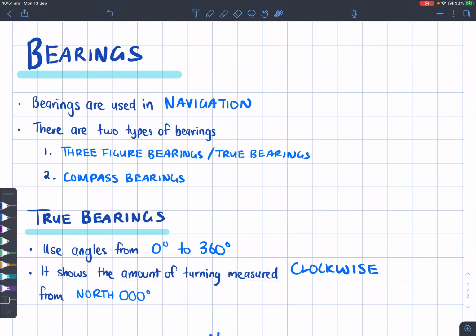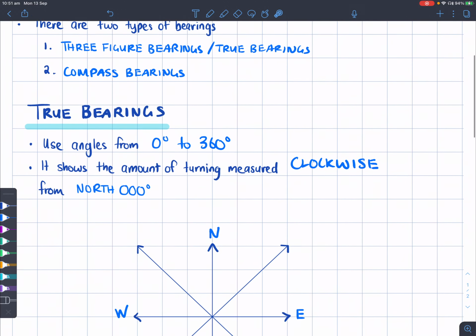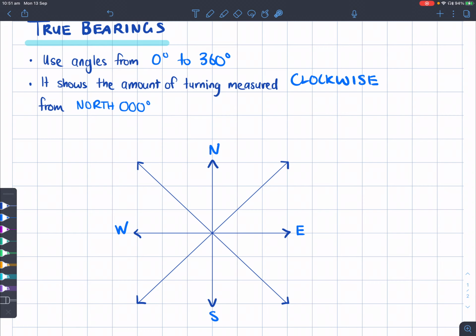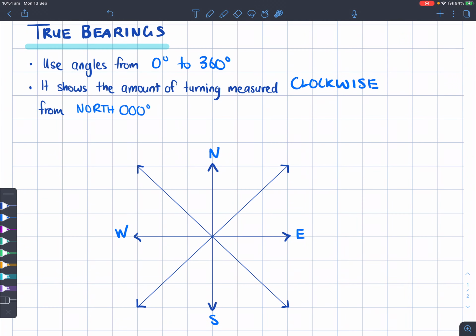But for true bearings, the amount of turn that you analyze and give as a number is measured clockwise from north, and we use three numbers to represent that, which is 000 degrees. Before we look at true bearings, you should know your compass bearings, which represent north pointing upwards, east pointing to the right, south pointing down, and west pointing left.